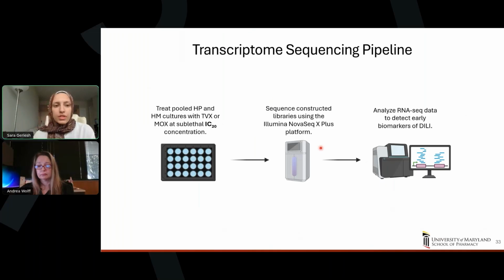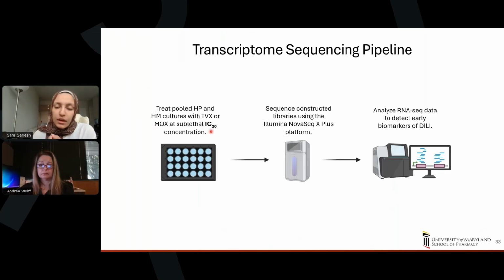I'll go briefly into the transcriptomic workflow. We used pooled HEPATOPAC and HEPATOMUNE models to account for inter-donor variability. And we used the same concentration of trovafloxacin and moxifloxacin because we wanted to see drug effect rather than concentration effect.